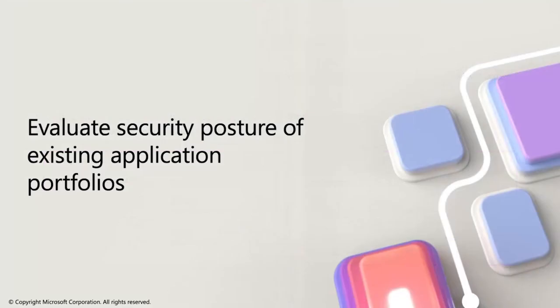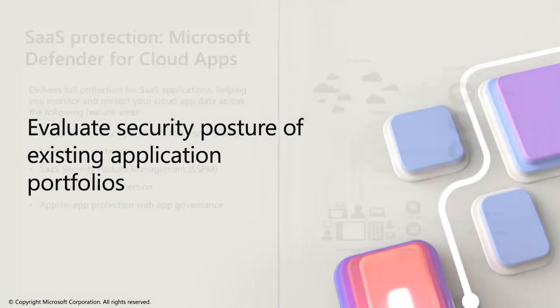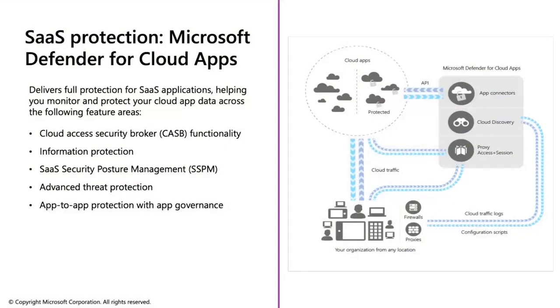The next is evaluate security posture of existing application portfolios. Now for this, what do we have? For existing portfolios, we can use Microsoft Defender for Cloud Apps. That gives you different kinds of capabilities. You can connect your cloud applications as connectors to analyze the real-time traffic and check what kind of vulnerabilities and issues we have.